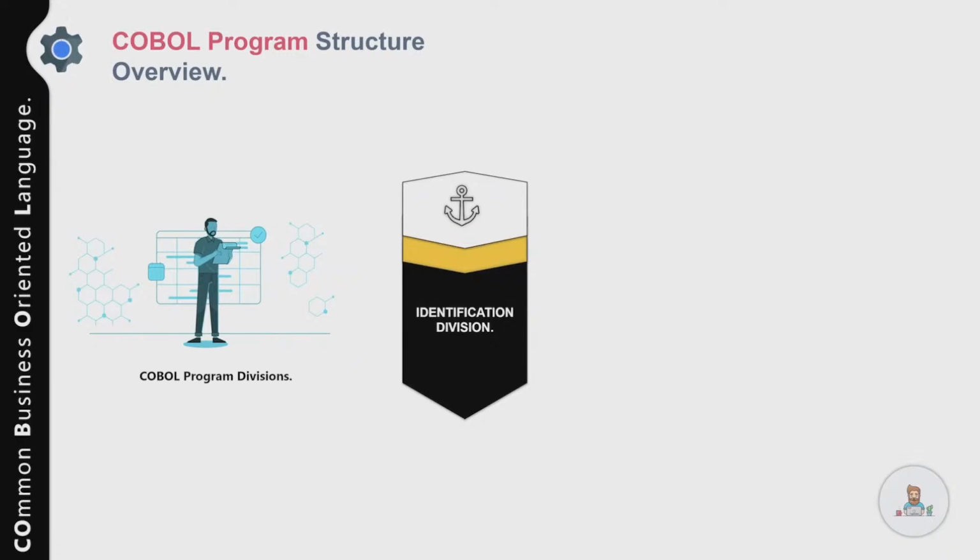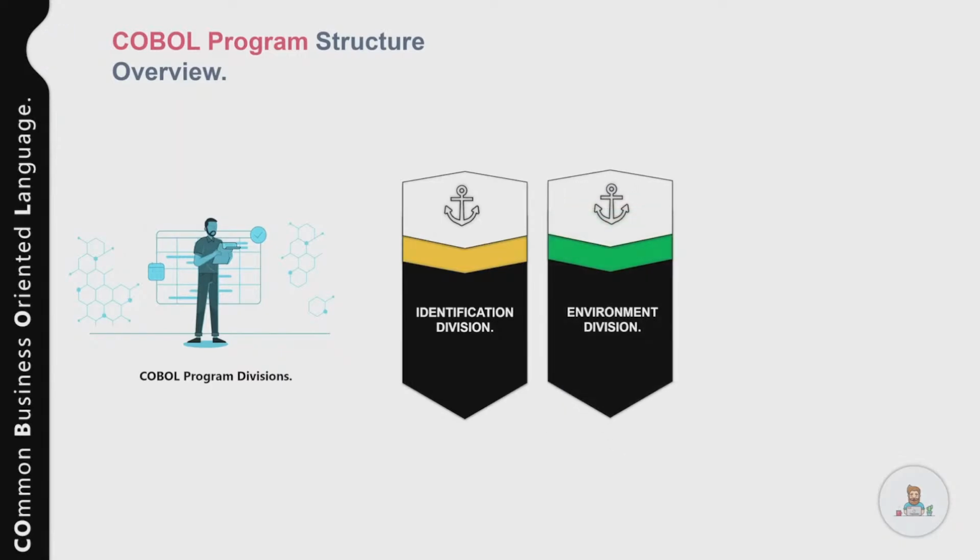So the first one is identification division. It is used to identify the program to the operating system. This division is actually used for documentation purposes. Next one is environment division, and it is used to specify the file names and describe the specific computer equipment that will be used by the program.